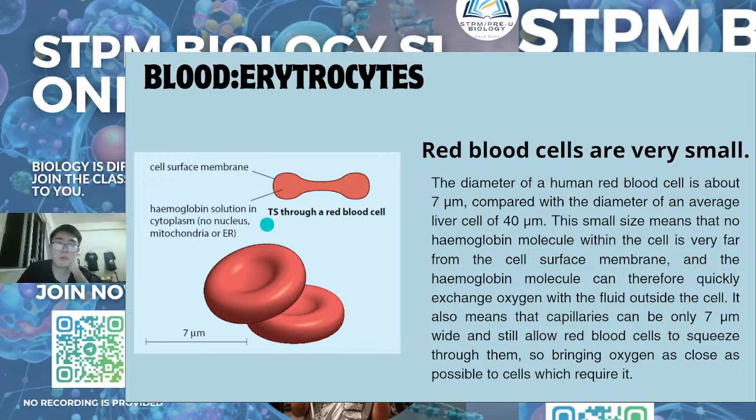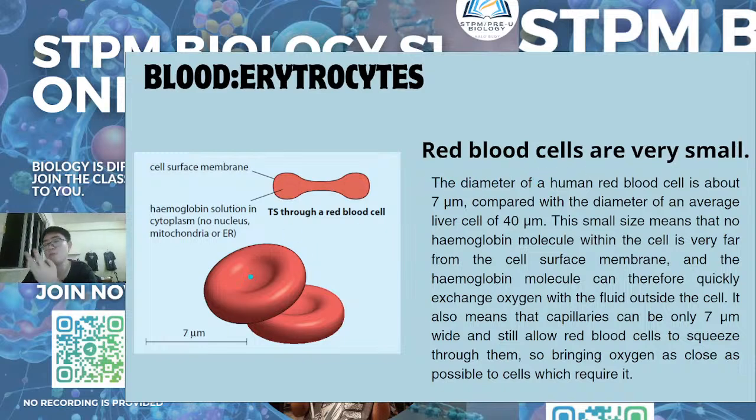Our red blood cell contains a main structure that we call hemoglobin, right? The hemoglobin protein is very important to carry oxygen gas and also carbon dioxide gas. The transport of oxygen and carbon dioxide you will learn in semester 2, chapter 1, gas exchange. So I just want to show that the red blood cell is very small.